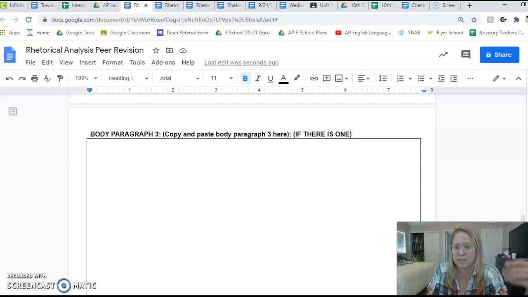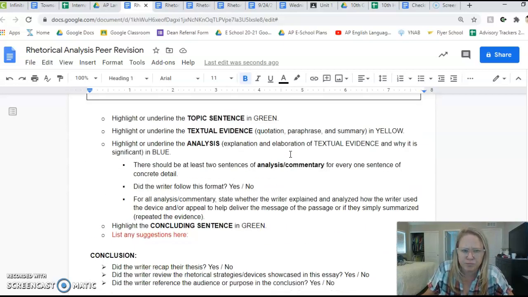So if your essay is an introduction, 2 body paragraphs, and a conclusion, you can still earn 6 out of 6 points on that rubric. All right. We are certainly more focused on content, strength of analysis, than the length of the essay. Okay, so if there is a third body paragraph, you paste it there.